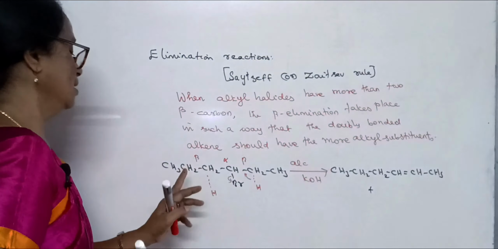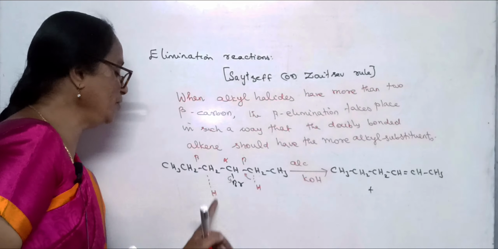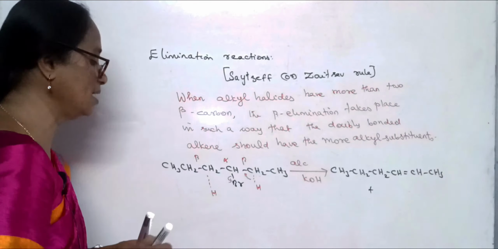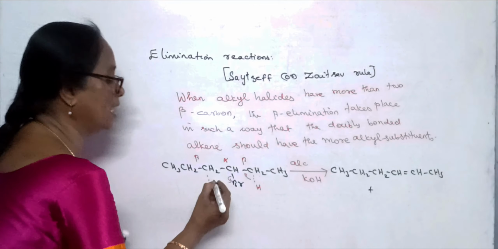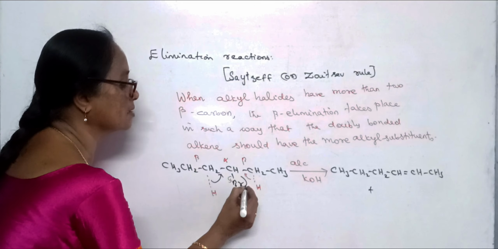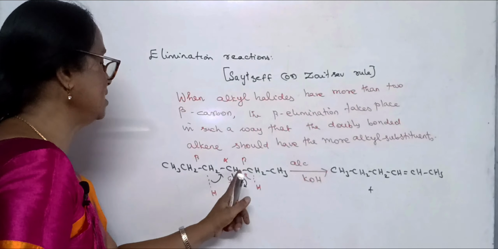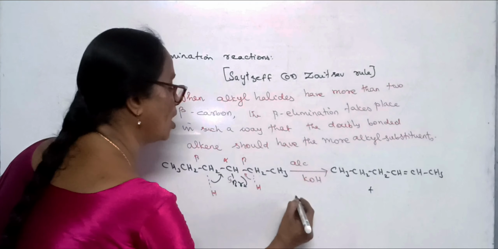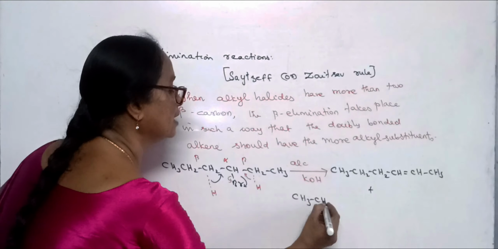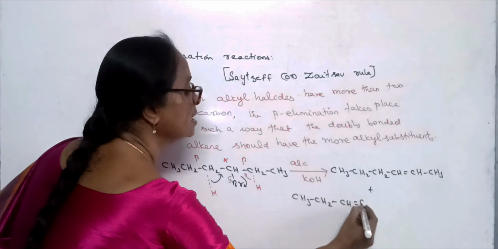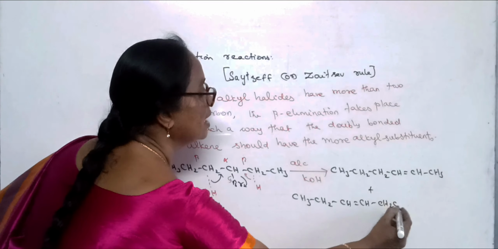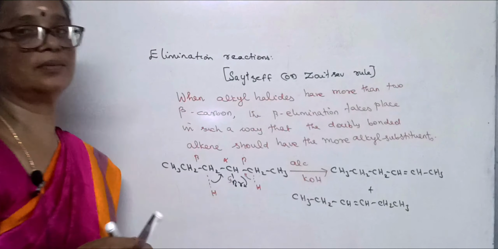It has an ethyl group and one more hydrogen, so the elimination can proceed like this. So what happened? I get the double bond between CH and CH, so the product will be CH3CH2CH=CH2CH3.